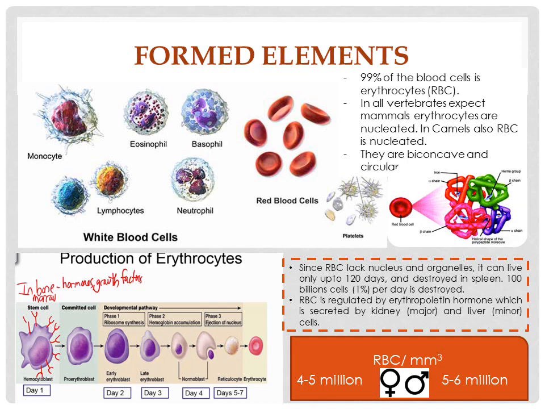It can live a maximum of 120 days only, and then goes to its graveyard, which is the spleen. It is estimated that every day 1% of RBCs are destroyed, but at the same rate new RBCs are formed. This process is regulated by the erythropoietin hormone, which is secreted mainly by the kidney and liver cells.